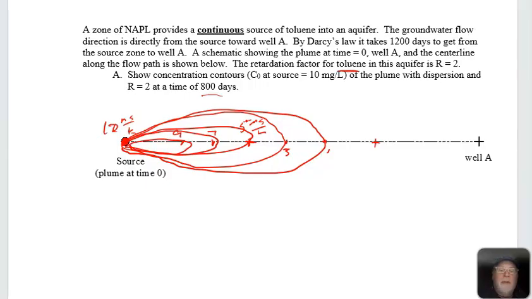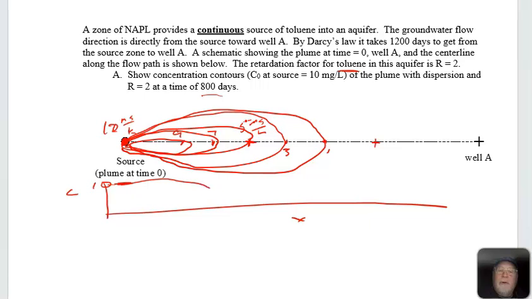And again, if I plotted C versus distance, it would be 10 at the source and then drop off with a curve kind of like that.